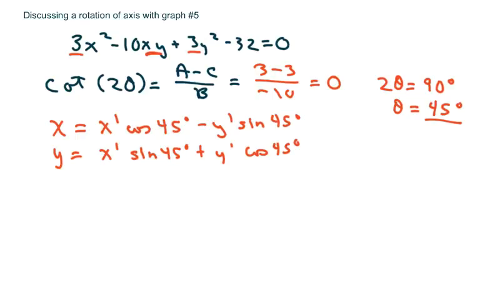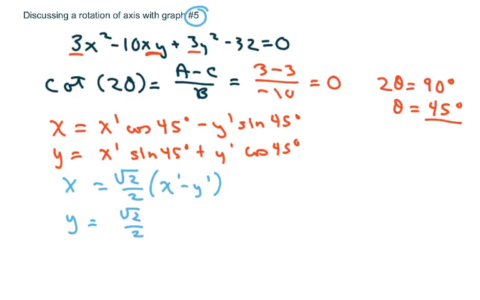If you've been going in order of these, cosine of 45 is square root of 2 over 2, and so is sine. So you're just going to get square root of 2 over 2 times x prime minus y prime for your x. And for your y, you're going to get the same thing, but with a plus.